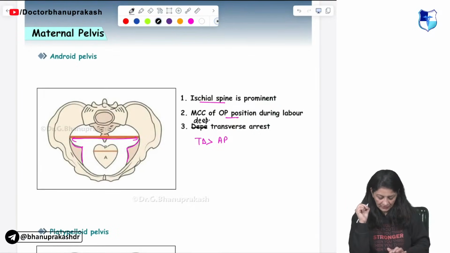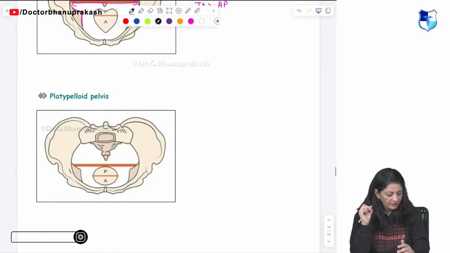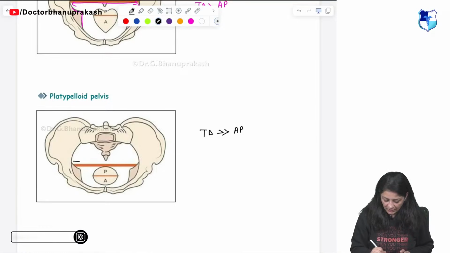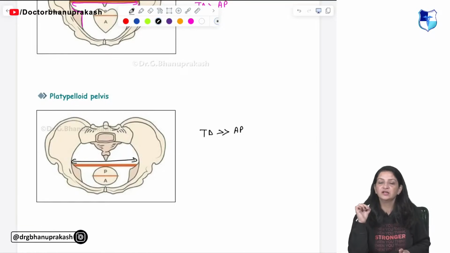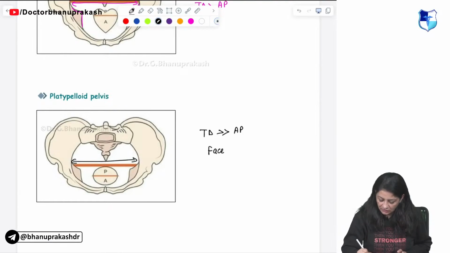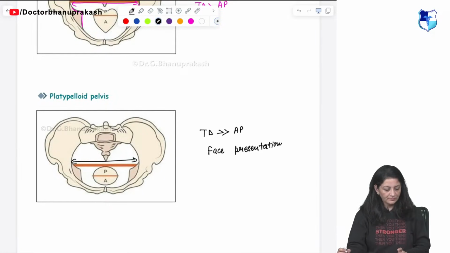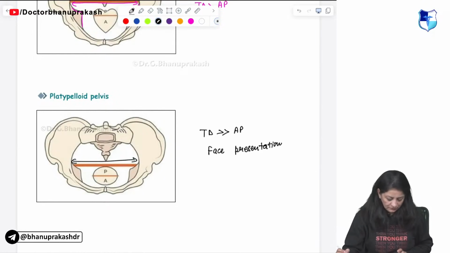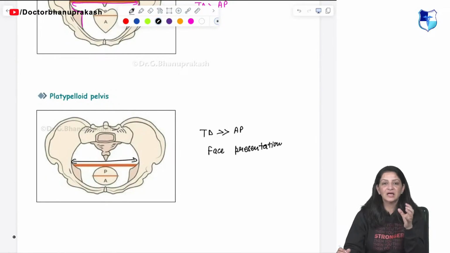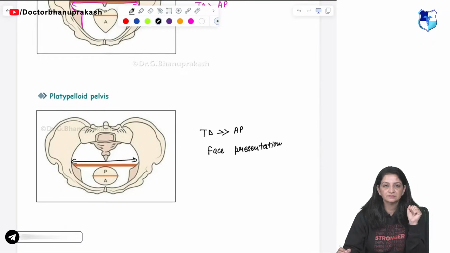Next one, platypelloid pelvis: transverse diameter is more than anterior posterior diameter. Face presentation is seen in platypelloid pelvis. Clear? So these are the types of pelvis.